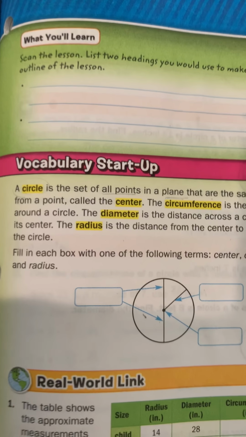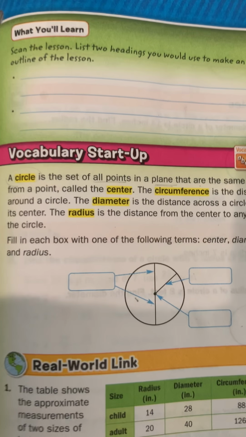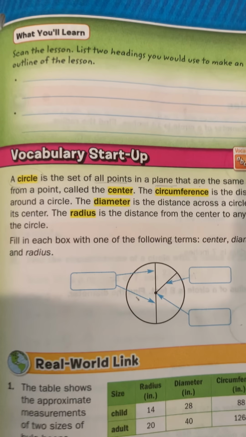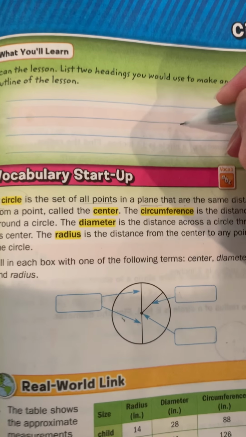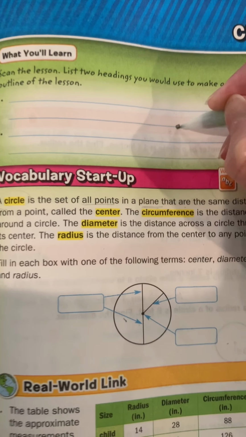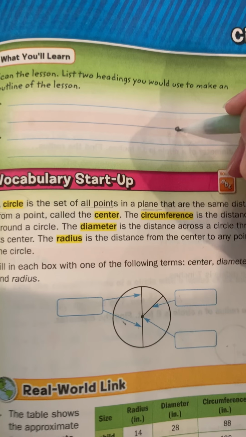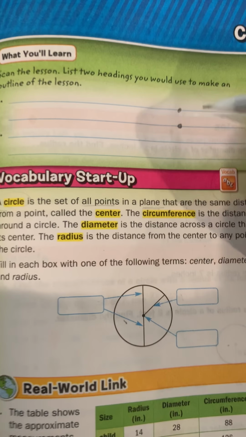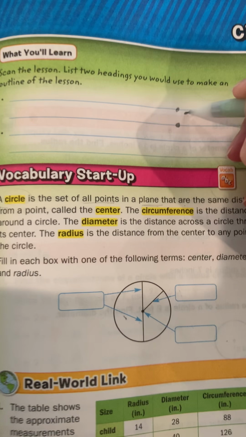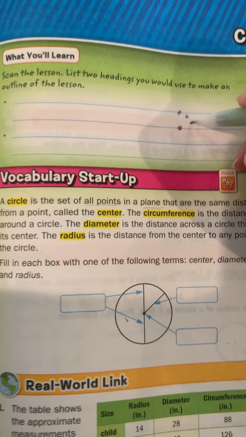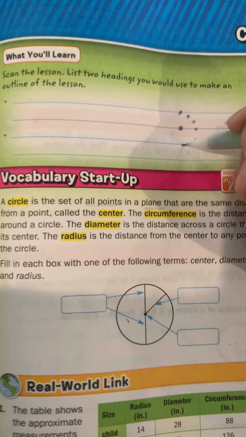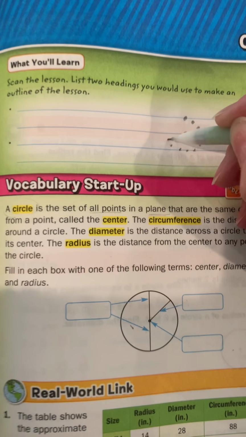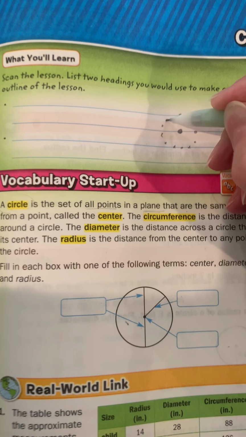You have to know that a circle is the set of all the points in a plane that are the same distance from a point called the center. I can do a diagram to show you what that means. If I put a point here and say that's the center, and then I go about a centimeter away and make another point, and another, and another, until I've gone all the way around.